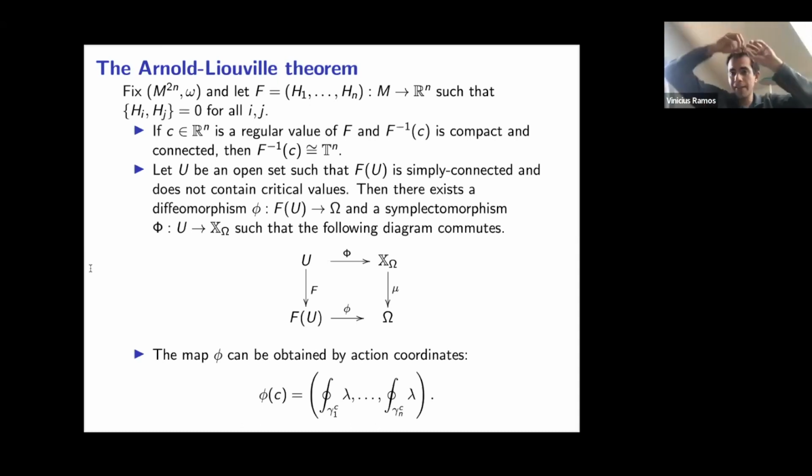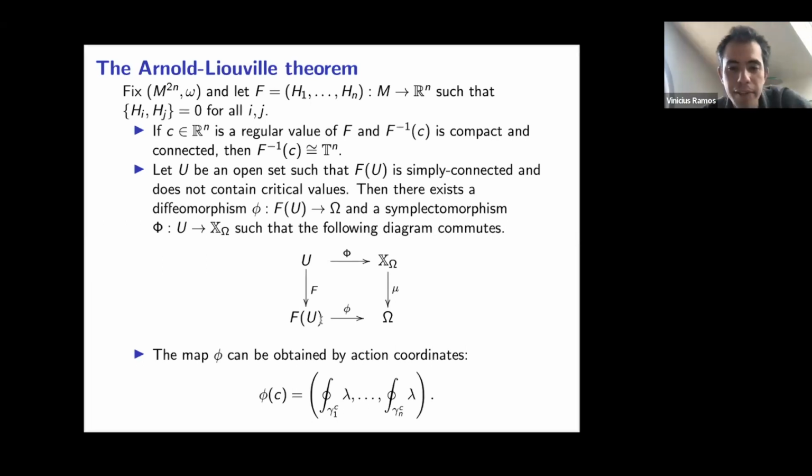So you choose these n circles, and then you integrate a primitive of omega. A primitive will exist locally, and if your set is large enough, then it'll still exist. In our case, we're going to be in R^2n, so you can always take a primitive.